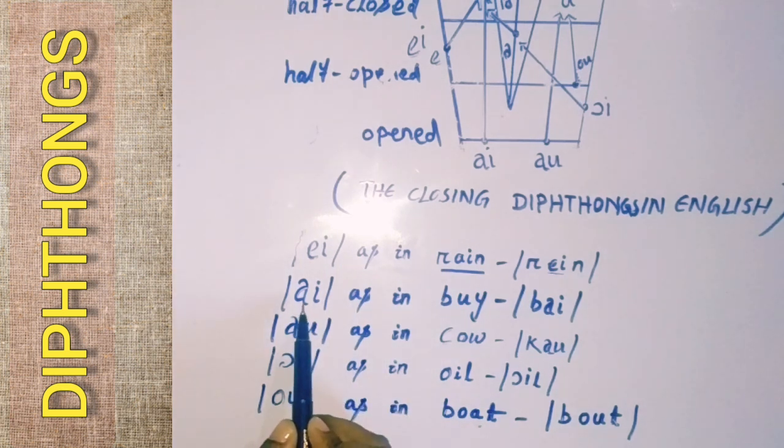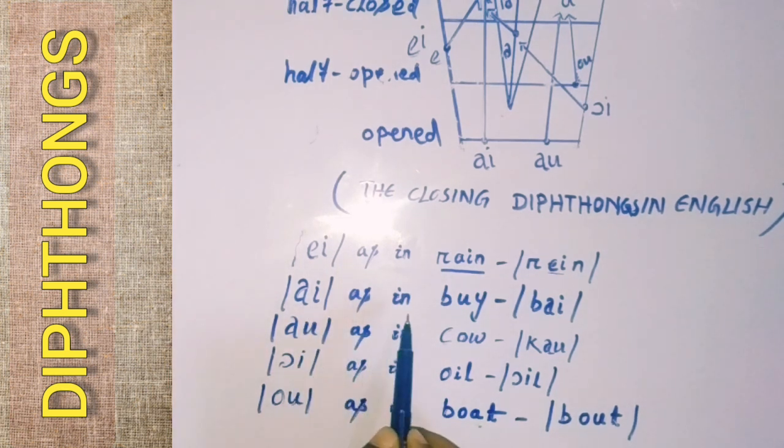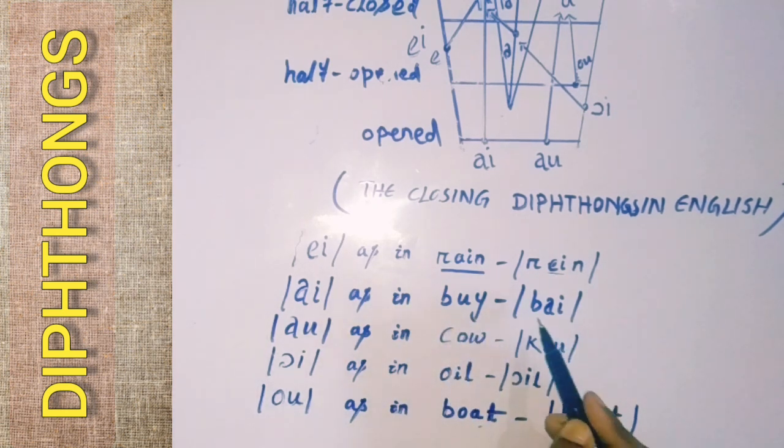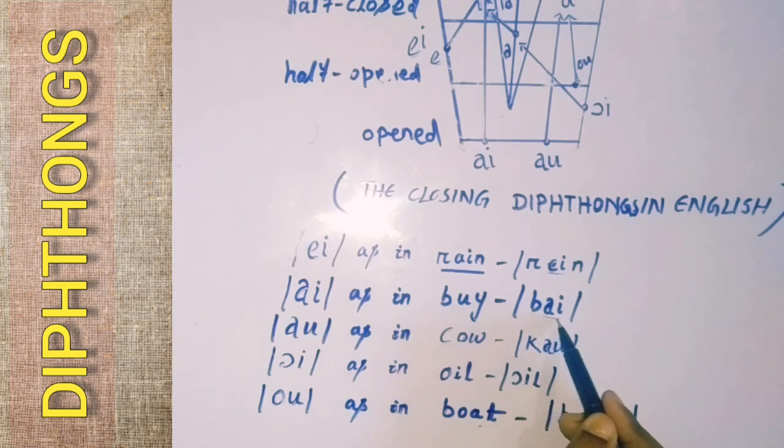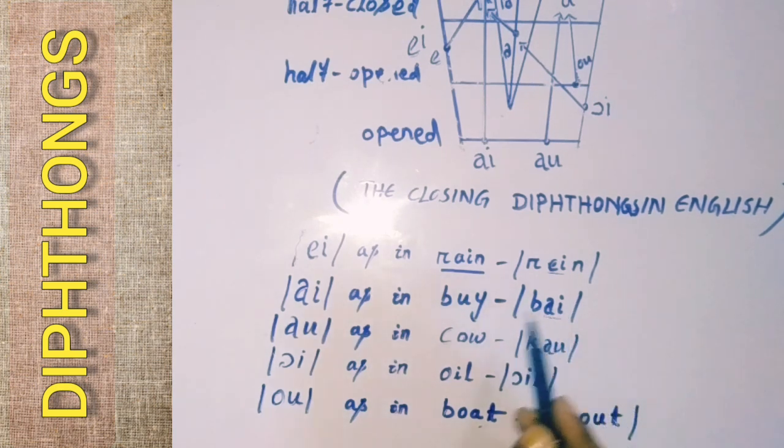Then come to the next gliding vowel, /aɪ/ as in the English word by, which is written as /baɪ/.